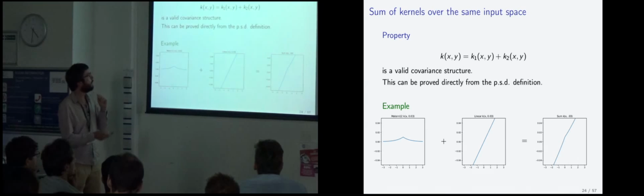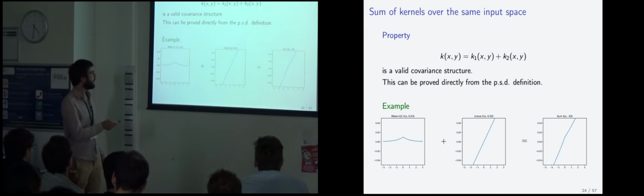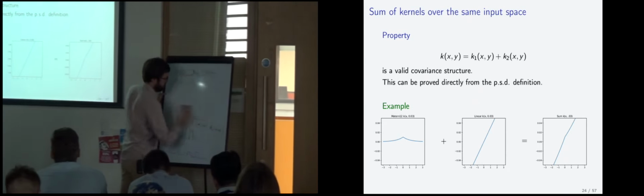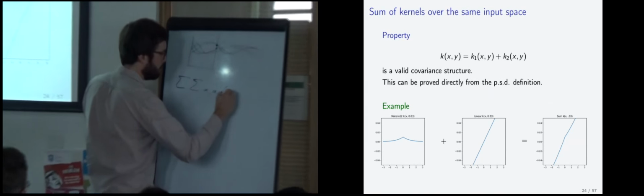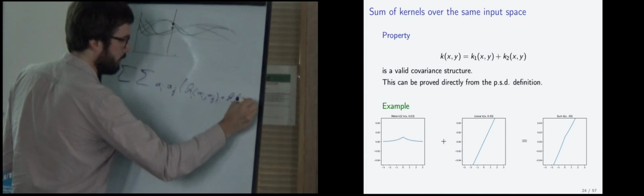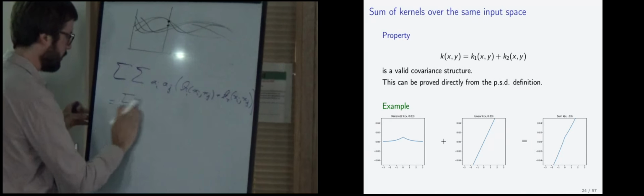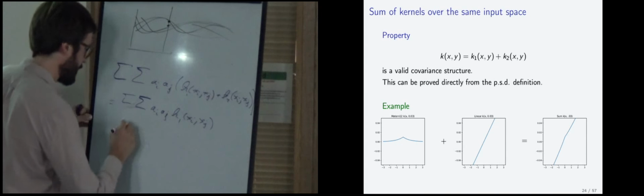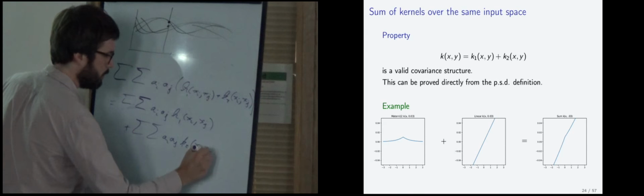So let's look at the sum of two kernels. If this is positive definite and this is positive definite, then this guy will also be positive definite. And this is something that can be proved directly from the definition. If you remember, if I write the double sum over a_i, a_j, something like that, I can just split this in two double sums: the double sum of a_i a_j K1(x_i, x_j), plus the double sum of a_i a_j K2(x_i, x_j).